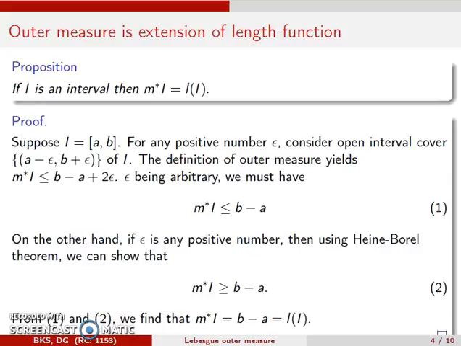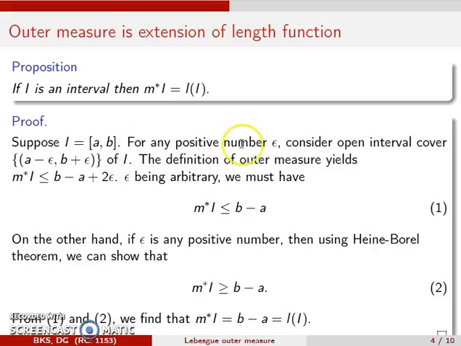The outer measure is actually an extension of the length function. Here we establish this proposition: if I is an interval, then m star of I is equal to the length of I. We give a partial proof of the result. In fact, we shall prove the result for a closed and bounded interval [a, b].